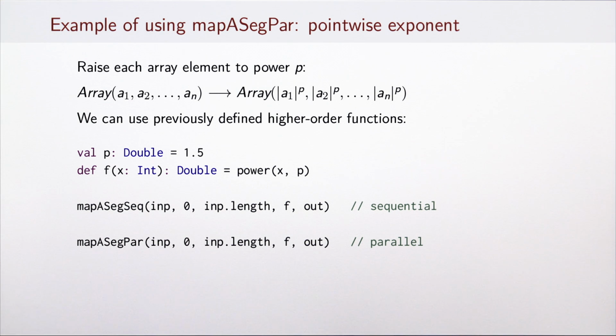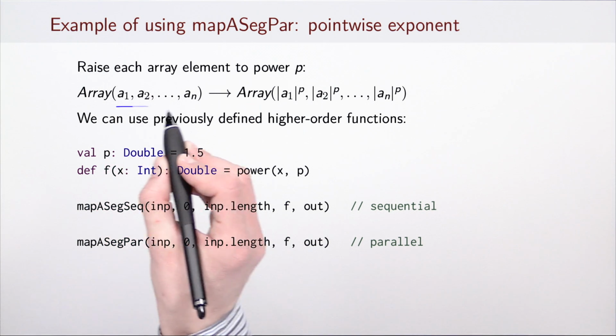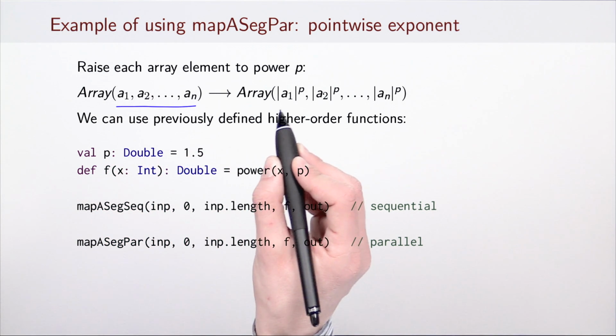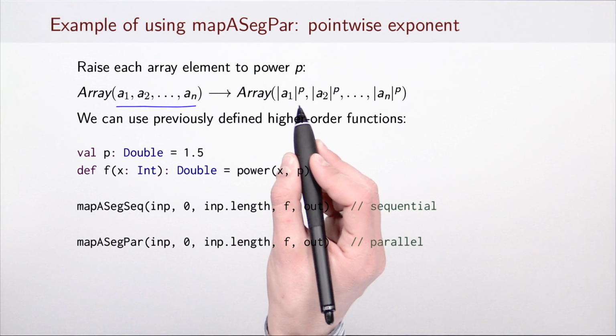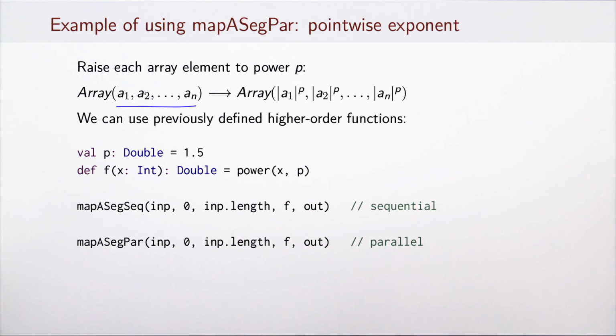Once we have defined such parallel map, we can then use it for various concrete functions. Say we want to raise all elements of an array to power p, so take elements a1 through an, and compute absolute value of each element raised to the power of p, as in our array sum example from before. Then we can invoke either the sequential or the parallel map on the arrays.